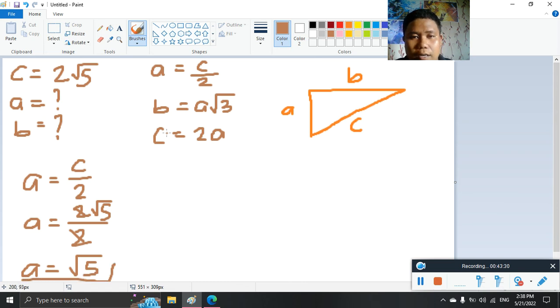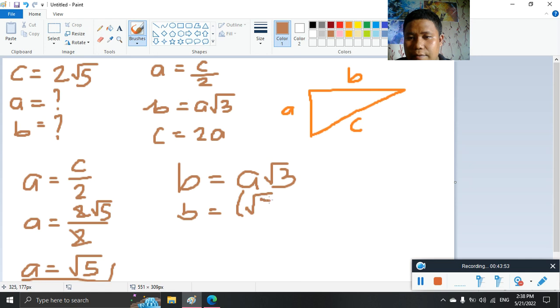Next, B. So B equals A times the square root of 3. So B equals, substitute the value of A. The value of A is square root of 5. So square root of 5 times square root of 3.